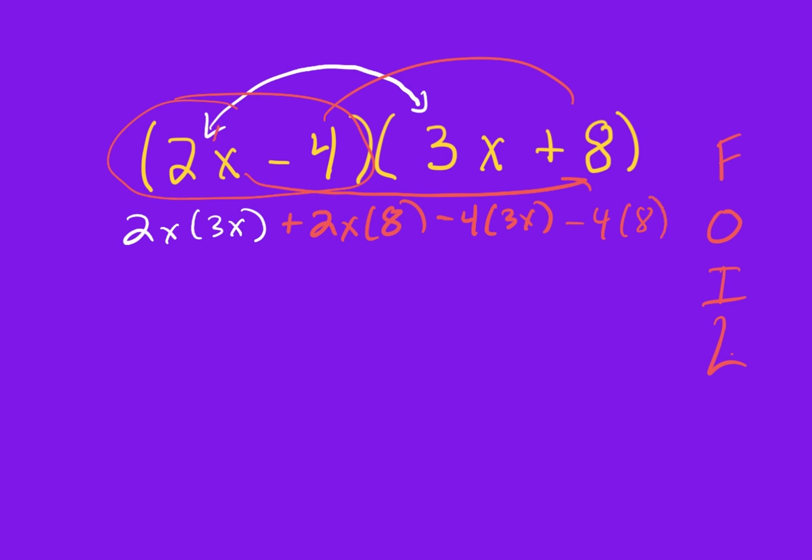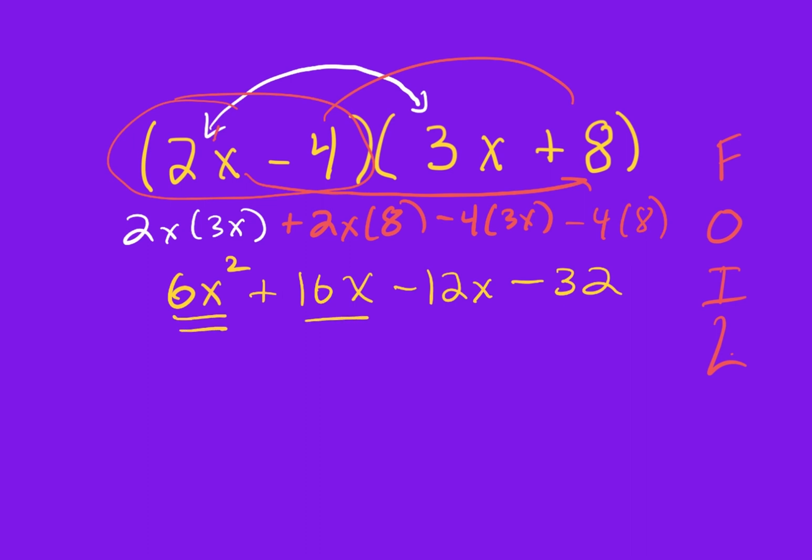First terms, outside, inside, last. 2x times 3x, 6x squared. 2x plus 8x. 2 times 8 is 16, so that's 16x. 4 times negative 3 is negative 12, so that's negative 12x. 4 times 8 is 32, so minus 32.